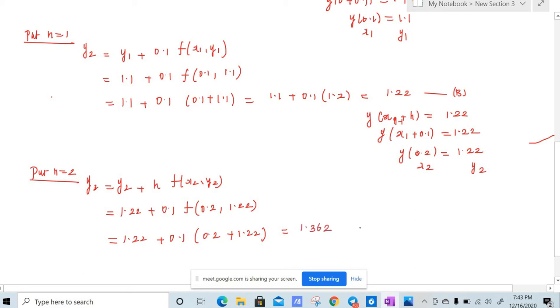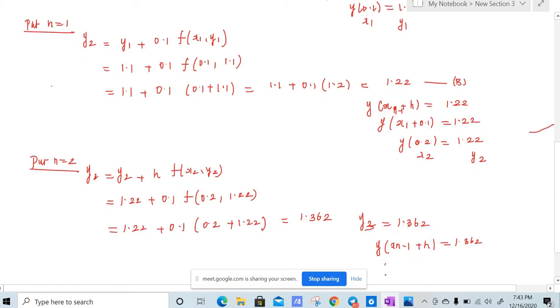So that's it. So what is y3? Sorry, y2 it is 1.22, and y3 is 1.362. So y3 will be y of x_{n-1} plus h is equal to 1.362.